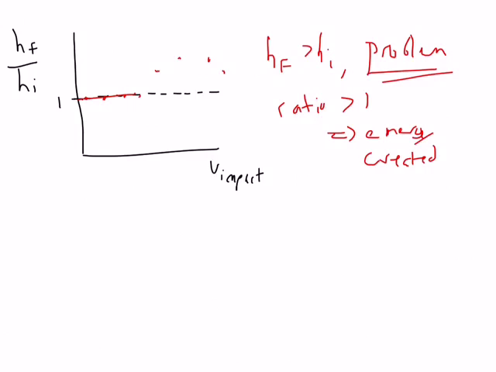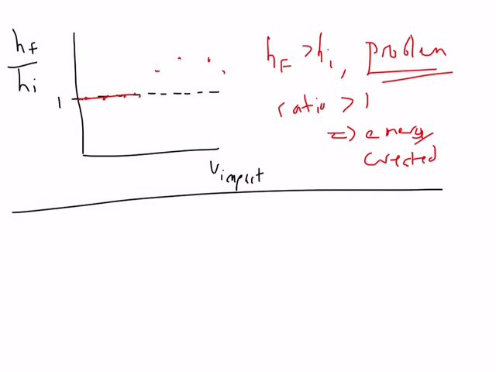And for high-speed collisions, the ratio is bigger than 1. We've created energy from nothing. And you can similarly see how all the other graphs would be modified to violate energy conservation. I'm not going to do all of them this time.